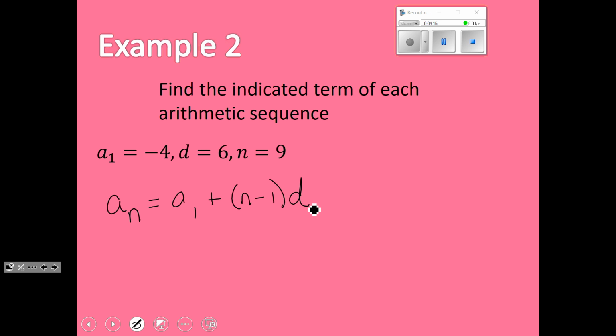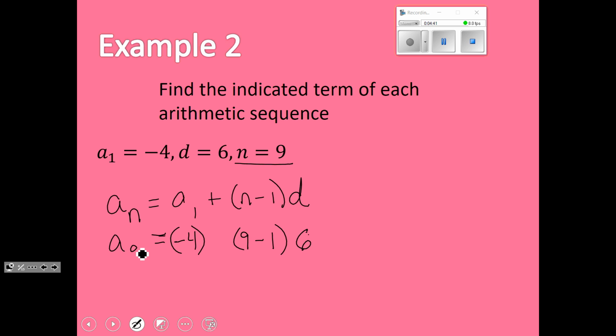Plug in what you know, solve for what you don't know, and use that to answer the question. Okay, so let's plug in what we know. We know that a sub 1, your first term, is negative 4. We know the common difference is 6. And we know we are looking for the 9th term because n is 9.